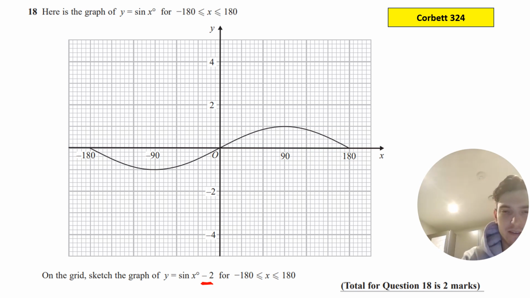So this point here goes down by 2, so it's here. This point here, well, that is 1, so that's going to go down to minus 1. This point here is going to go down to here, this is going to go down here, down 2, and this here. So I just need to connect all of these points up.